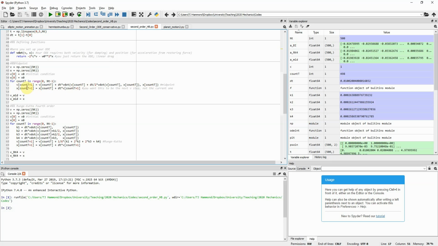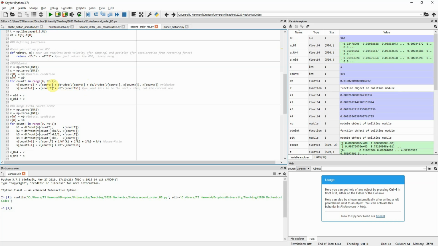So x at the next time step depends on what the current time step of x is, plus dt. And then this looks like the Euler integration routine, where the next position step is dependent on the current position step plus dt times v. But instead, what we'll be saying is it's dt of the next velocity instead.